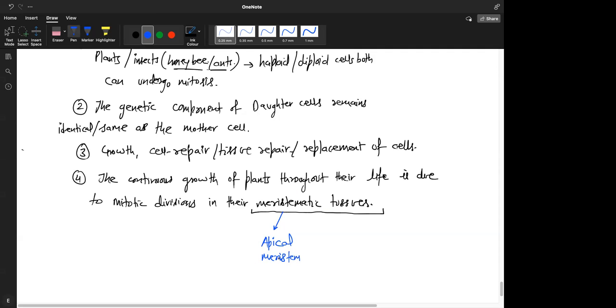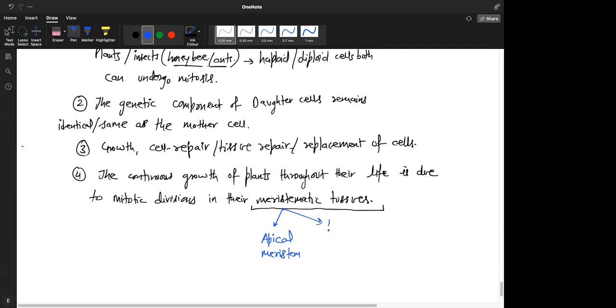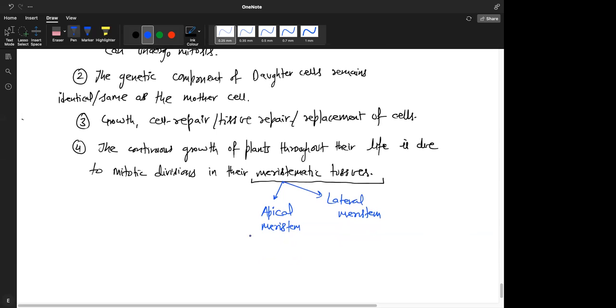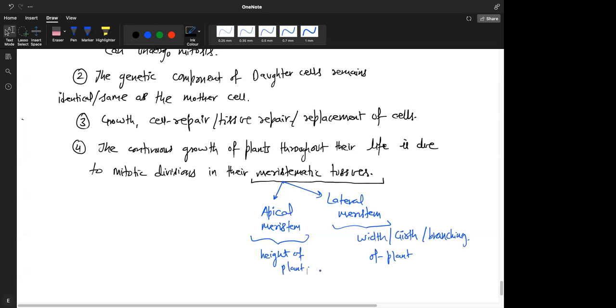So one is called apical meristem and the other is called lateral meristem. Apical meristem is for the height of the plant and lateral meristem is for the width or the girth of the plant. Okay. And also for the branching. Is it clear, everyone? Yes, sir.